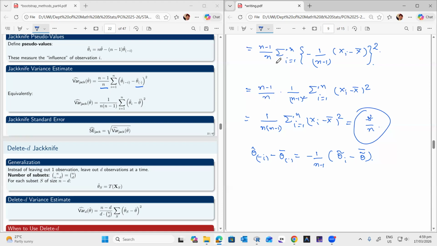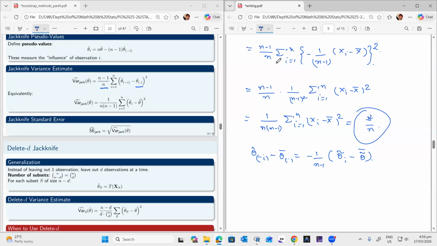Deleting one observation can cause a discrete jump in an estimate. For example, the median may change by a finite amount, and in such cases the replicates do not properly approximate the sampling distribution. The bootstrap may work better, but even it can have issues with the median.